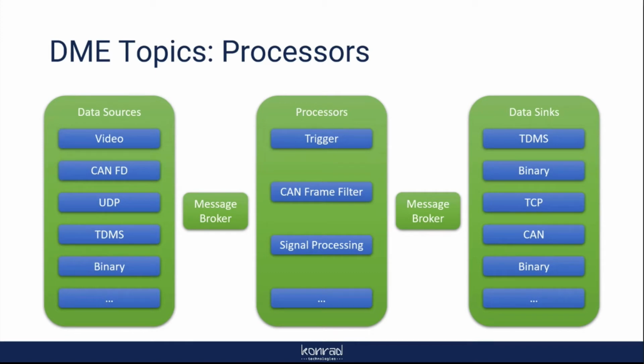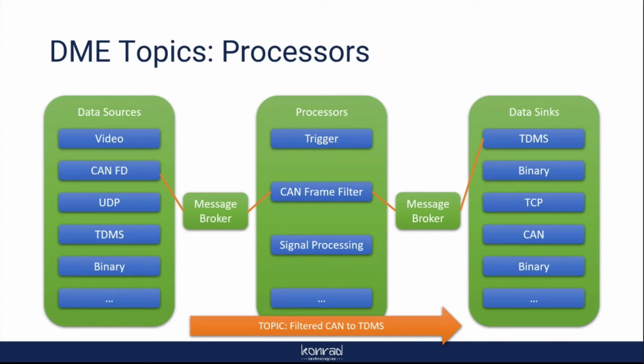Processors are where things get really interesting though. A processor can subscribe to a topic and carry out some kind of processing task, for example data decimation or filtering. In this example, we might be looking for a particular CAN frame. The processor then publishes data to a subtopic which can have its own sinks subscribed to it.